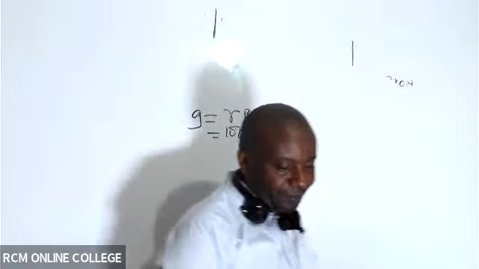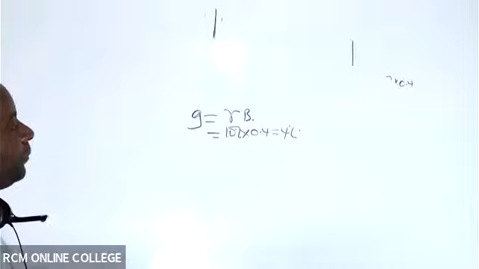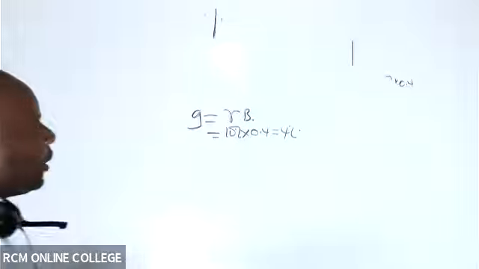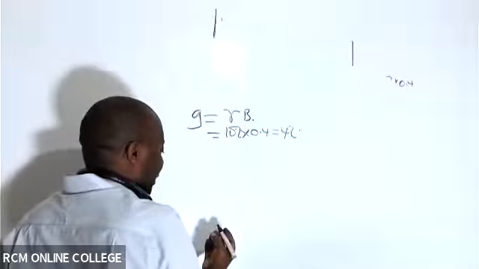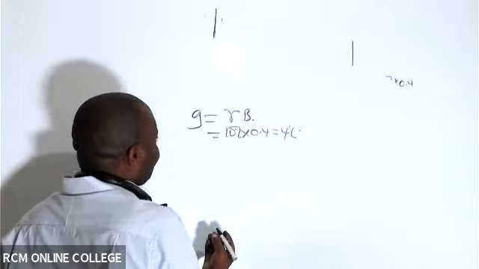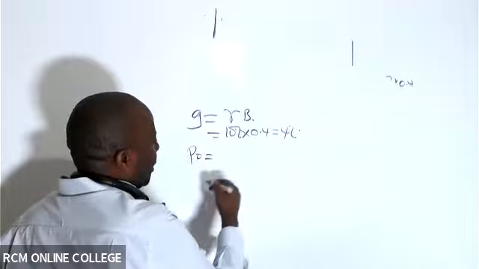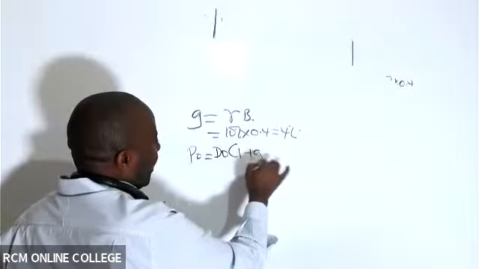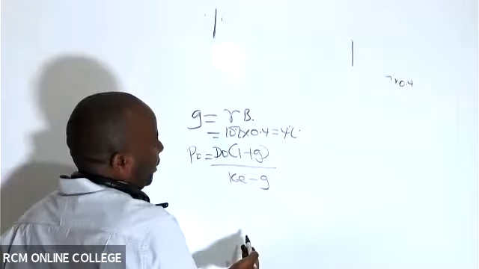Very good. So G is R times B, regular. After you've gotten G, at times they'll ask you to ascertain the P0, the value per share, which will be D0 into 1 plus G over cost of equity minus G. Right?